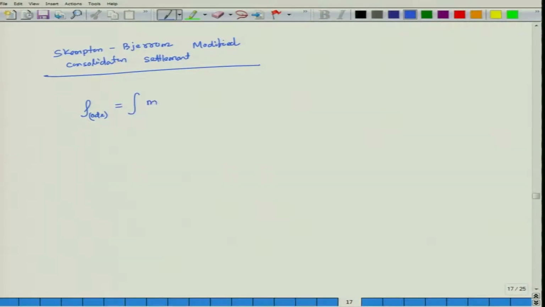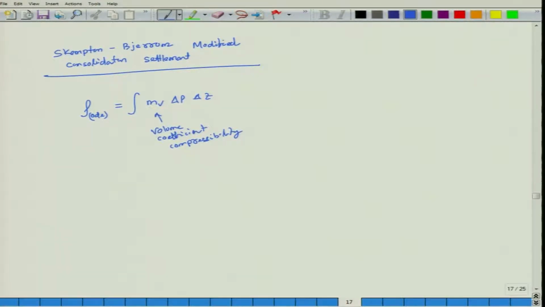of mv delta p into delta z. mv is your volume coefficient of compressibility.